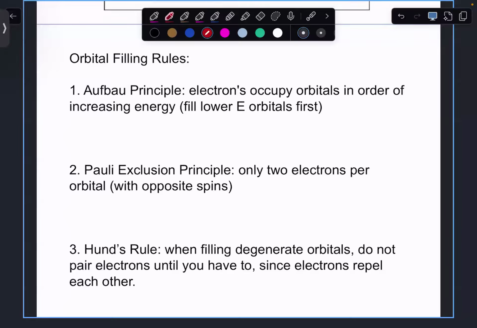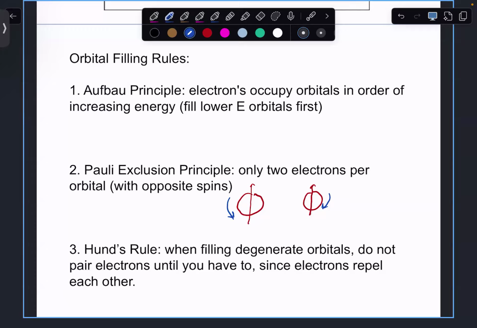Okay, so if you consider an electron as a particle, these guys are spinning. And so you can only put electrons together within an orbital if they have opposite spin. One is kind of clockwise, the other would have to be counterclockwise, essentially.